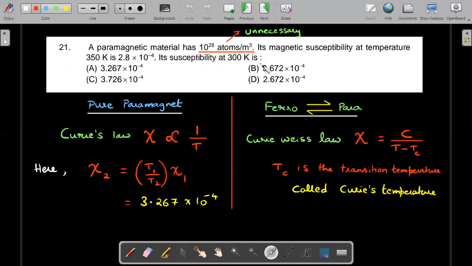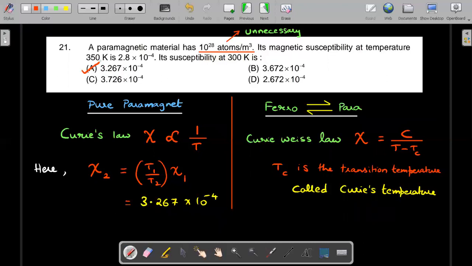Since he has given chi at one temperature, 350, and is asking at another, 300, actually this is a very naughty question. The number of atoms is unnecessary, just to distract students. So chi2 is equal to T1 by T2 into chi1. Just substitute these three numbers, get this number, and mark the option. I think this is option A.